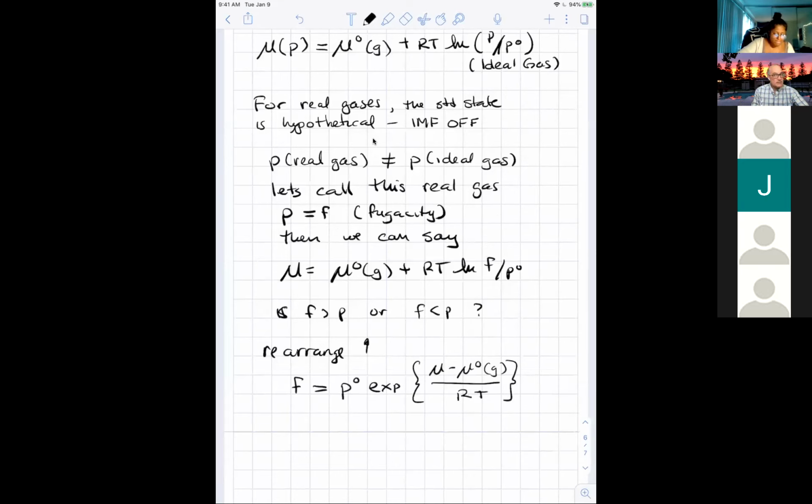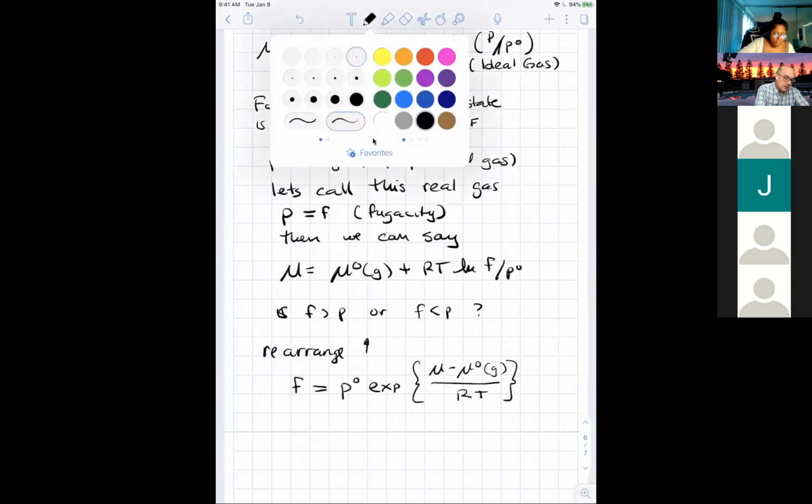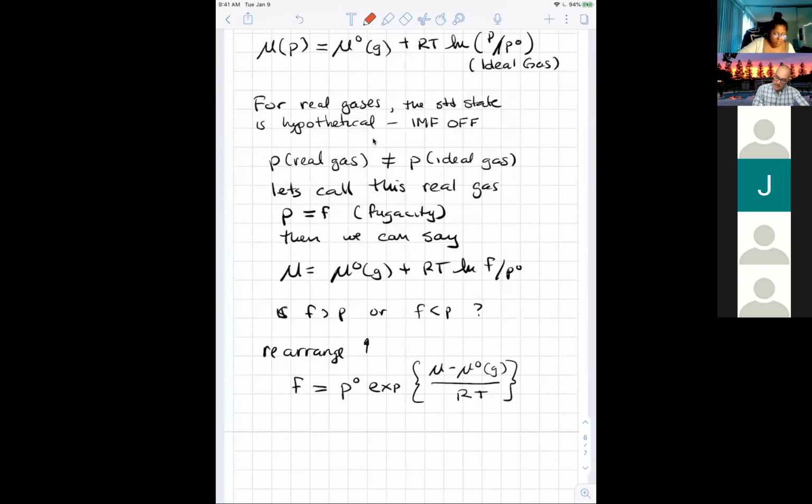So let's look at this, all right? Because what we can say now, if we look at the equation this way, is that P naught sets the pressure units. If we want to work in atmospheres, we can just do a unit conversion between bars and atmospheres, right? But this is unitless here.